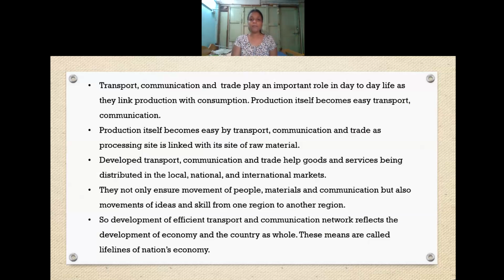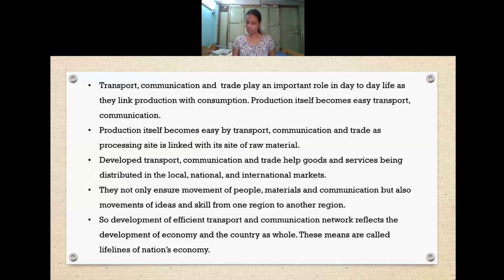If you want certain goods and services from one place to another, transportation, communication, trade, these are a life to the Indian economy also. So these are called the lifelines of a nation's economy or the Indian economy. If you have good efficient transportation, communication, trade, that shows that this country is a developed country and is having a developed economy.